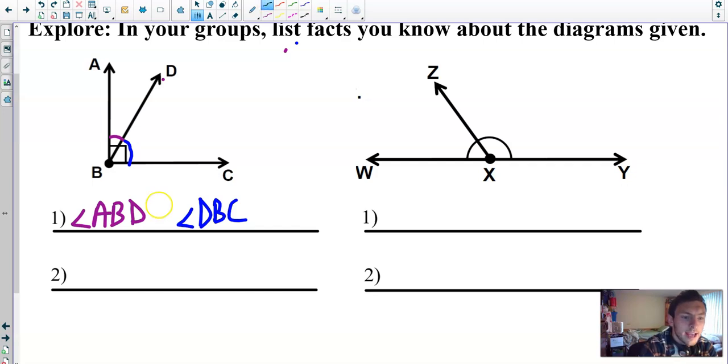And now, when you add those 2 angles together, let me switch colors so it's not confusing. When you add those 2 angles together, it equals 90 degrees. Because the whole angle, ABC, is a right angle. That's going to be important because if I told you this purple angle was 20 degrees, then you could figure out the blue angle using this knowledge right here.